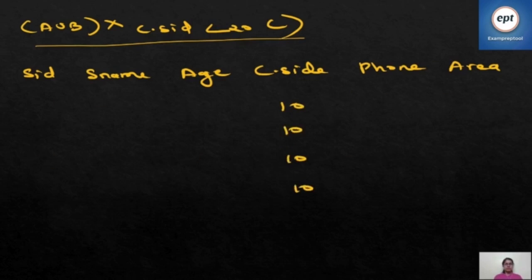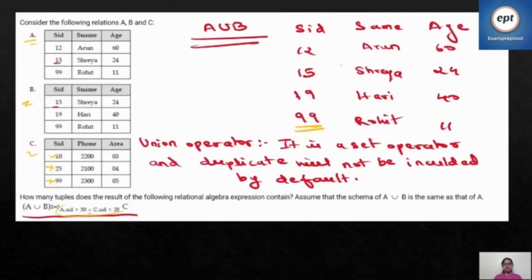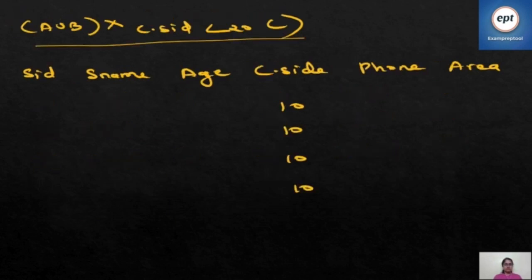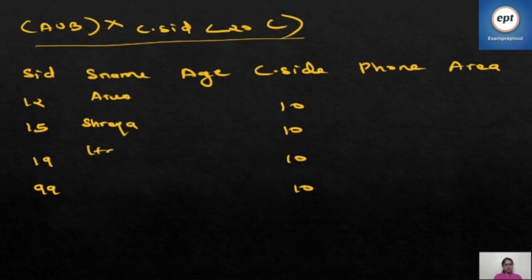As we are going to do cross product with the union, we have 4 tuples. So it will be 12, 15, 19 and 99. The names will be Arun, Shreya, Hari and Rohit. The ages will be 60, 24, 40 and 11. And the rest of the information we will write.